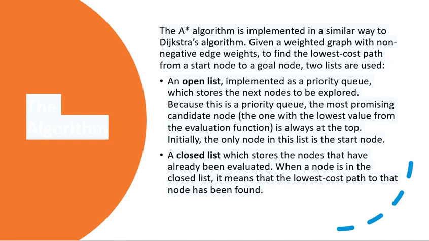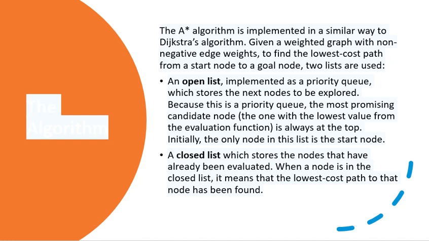Because this is a priority queue, the most promising candidate node, or the one with the lowest value from the evaluation function, is always at the top. So in this case, the lowest cost node will always be at the top, and that will be evaluated first. Initially, only the start node will be part of the open list.